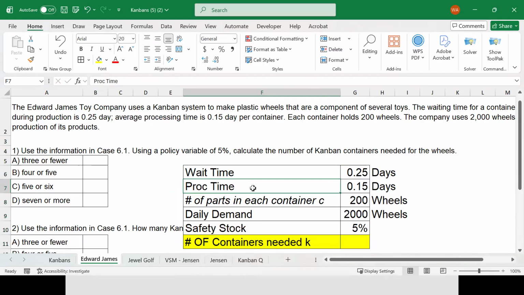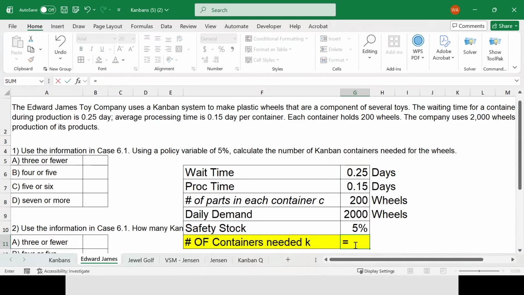Using the formulation for figuring out the working process, I know that K is a function of our working process divided by the number of parts in each container. So K here is going to equal the average daily demand, which is 2,000, multiplied by the total of waiting plus processing time. Then I'm going to multiply all this by our safety stock, which is 5%, so that's 1 plus 5%.